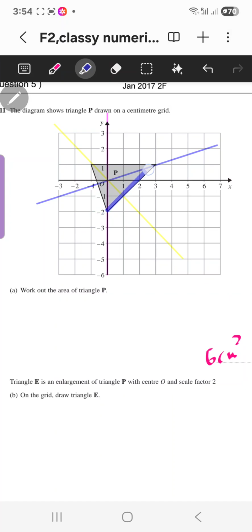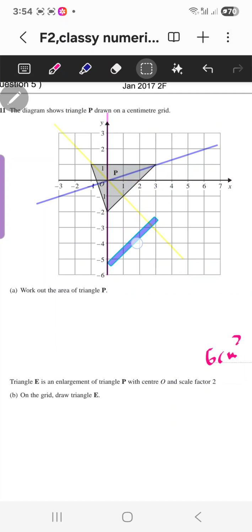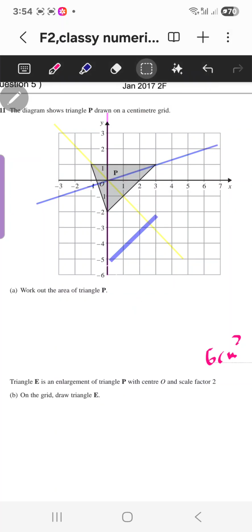So the enlargement must be in between the purple and the pink, double the sides, because we have to multiply it by 2. So we take our ruler and measure this line, and we are going to put it in between the purple and the pink line.